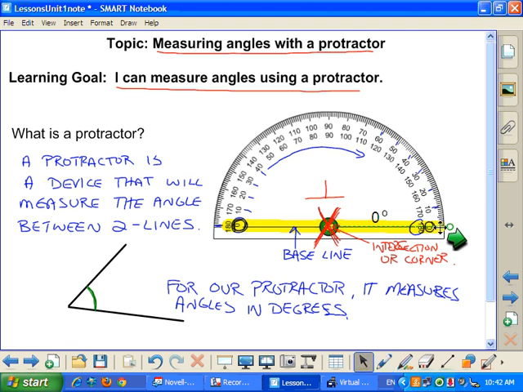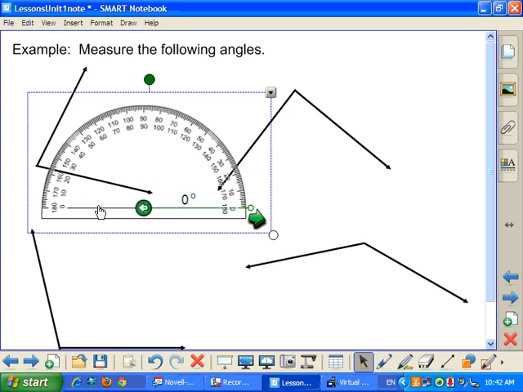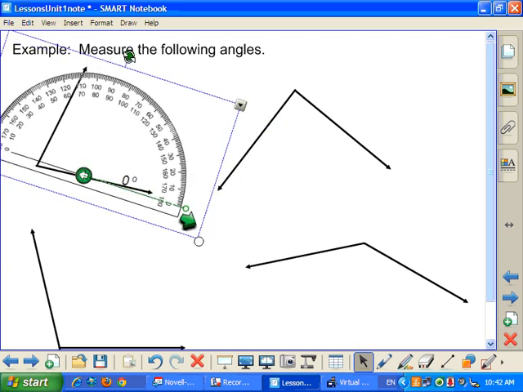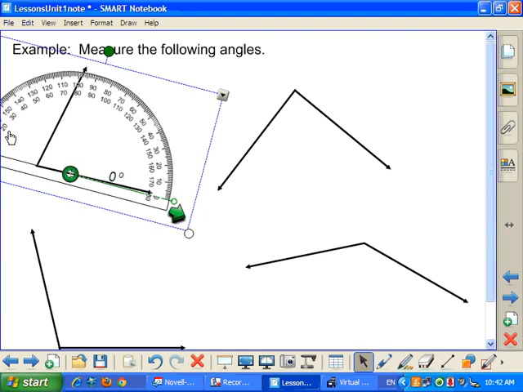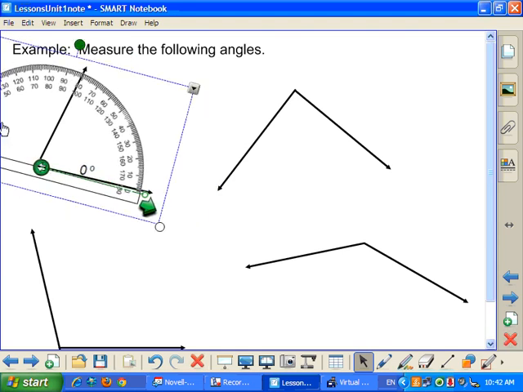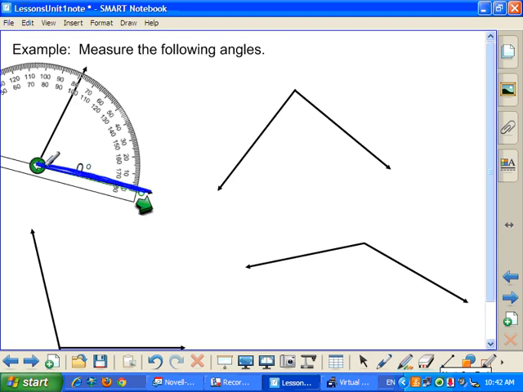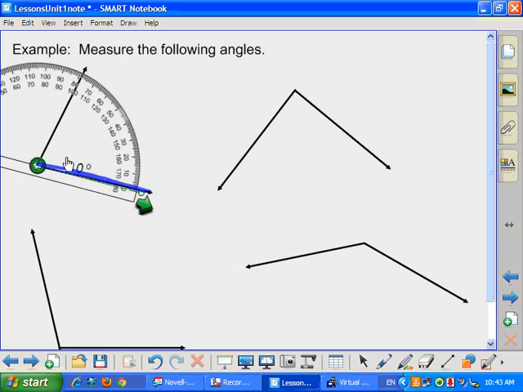All right, so if I go back to my example here, I'm going to put my baseline, so I have to rotate this a little bit so it matches up. It's a little slower for me, it'll be much quicker for you because the smartboard's not always the easiest to work with. So I now have my baseline on one of the lines. I have the corner, or the intersection of the two lines, right there in the middle.